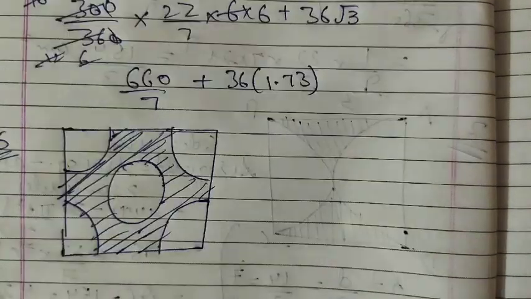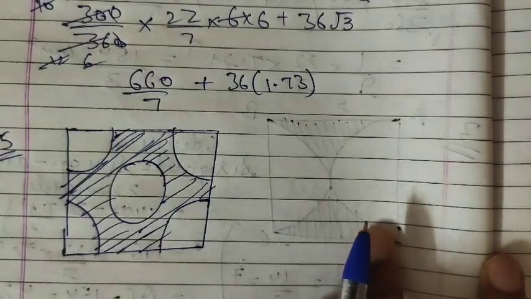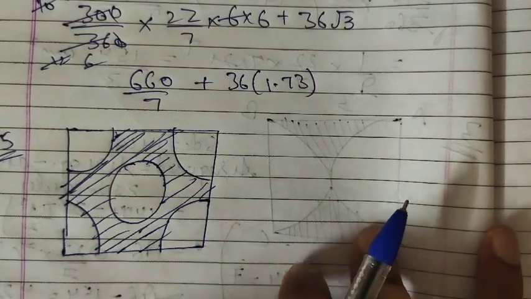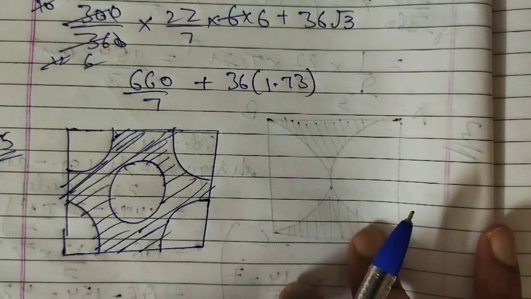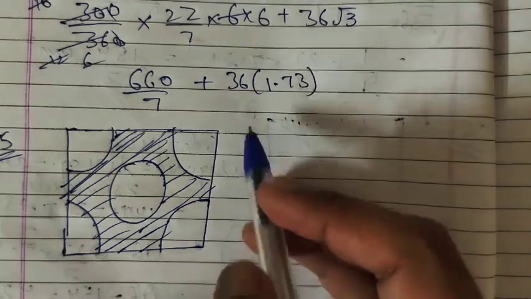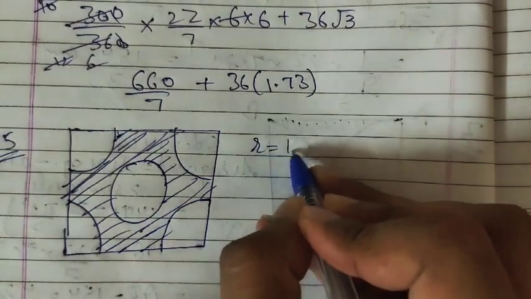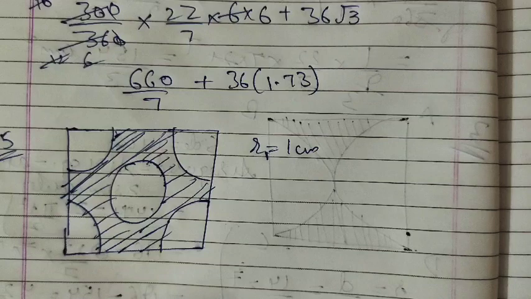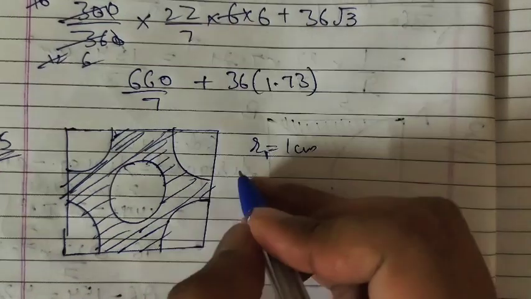Next, now this is question number 5. We have to find out area of this shaded region. So we know that there is a square of side 4 centimeter, with a quadrant of a circle of radius 1 centimeter. So radius is 1 centimeter, R1, right? Similarly, another circle at the center, R2 is 2 centimeter.